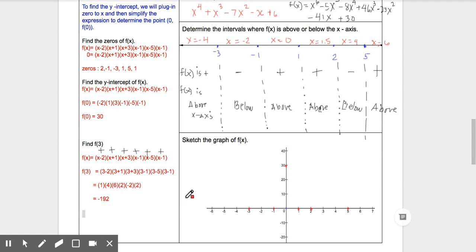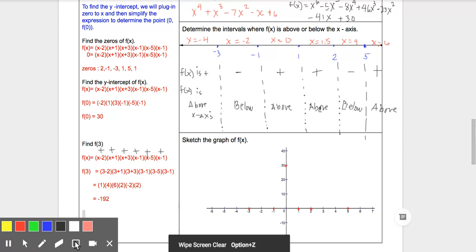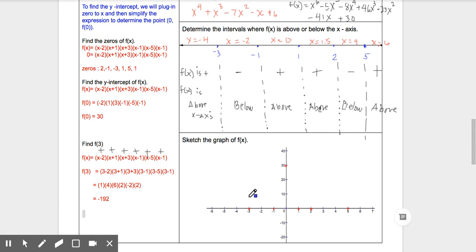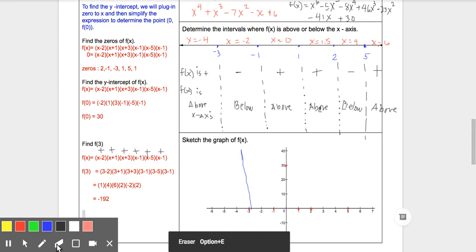Okay, so now we look at this diagram. We say that in the far left, f of x is above the x-axis. So that means that f of x is starting from infinity here, so going down towards x equals -3.